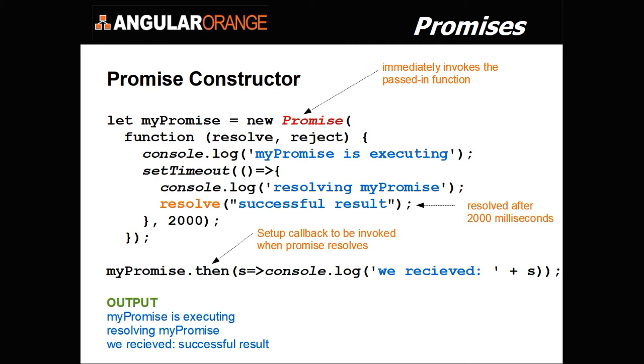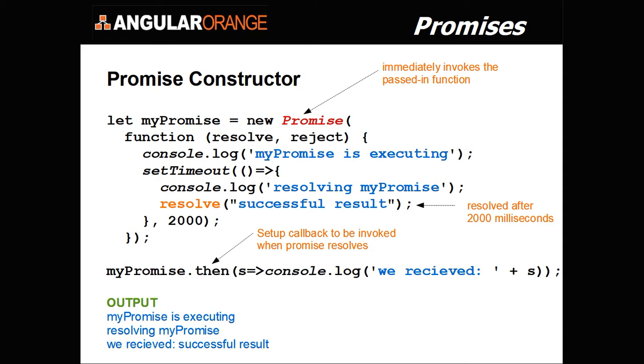And the string value will appear. So the output of this particular code would say, first, my promise is executing, then the timeout expires, and we log resolving my promise, and then in the callback I log successful result.